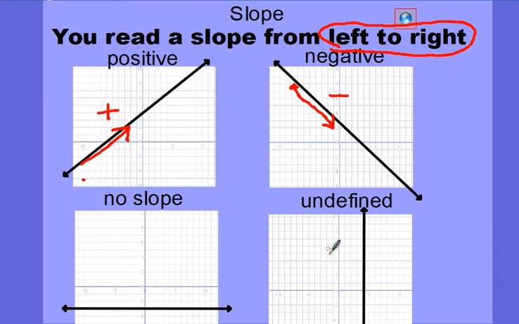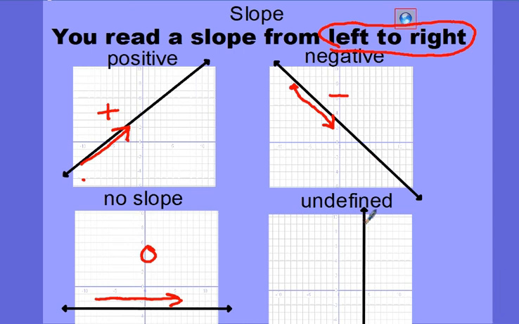Now the two that everybody kind of gets mixed up is no slope, which is just staying constant. It's being flat from left to right. If it's flat, it's going to be 0. Okay, there still is a slope there. It's a 0 slope. It's just the degrees is very, very, very flat. Okay, so undefined, that's kind of like a cliff.